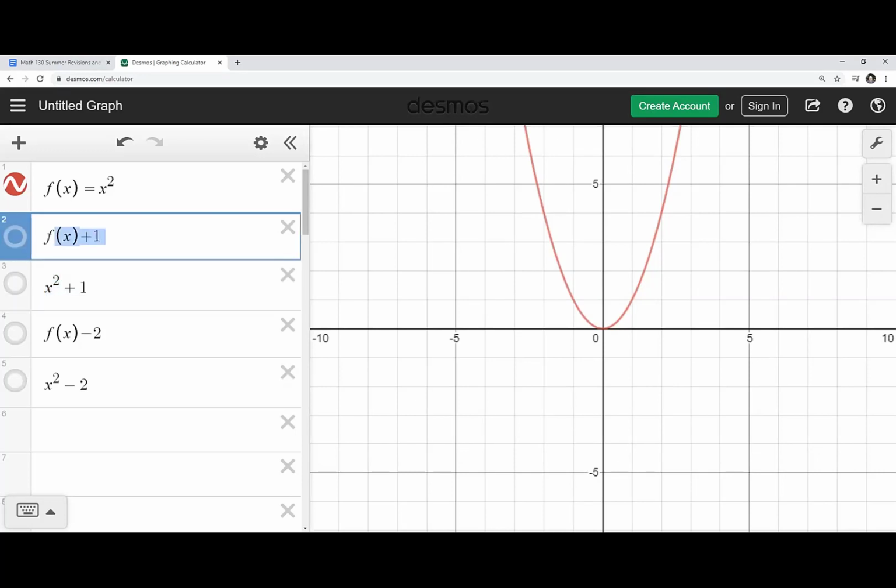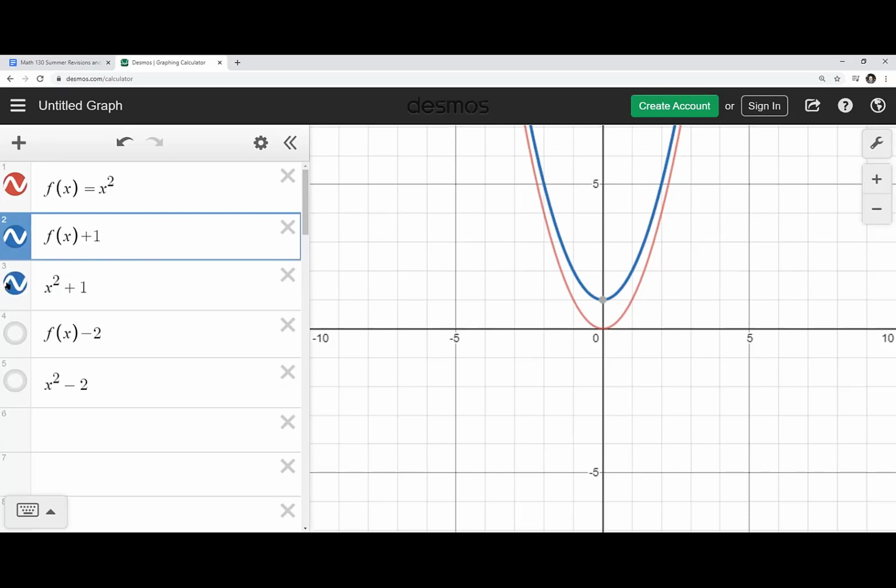So for instance, let's look at f of x plus 1. Notice we're adding 1 on the outside. This shifts our graph up 1 unit. It's not changing the function itself, it's literally moving it up 1 unit. Or rather, it's not changing the shape. The algebraic notation for this is x squared plus 1.